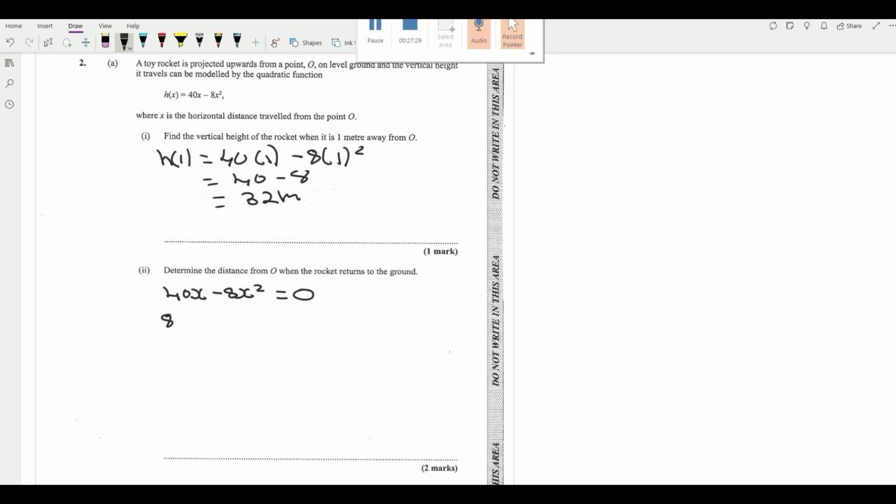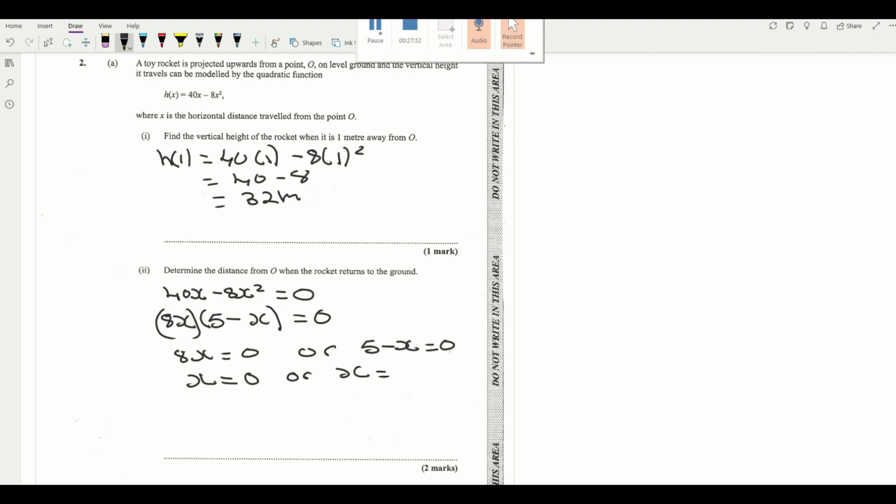That is 8x open bracket 5 minus x close bracket is equal to 0, and we let each bracket be equal to 0. So 8x is equal to 0, or 5 minus x is equal to 0. You make x the subject, so x could be either 0 or x would be equal to 5, and that is the answer for this question.